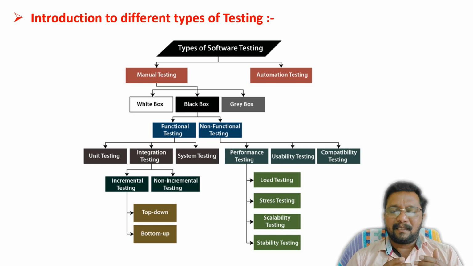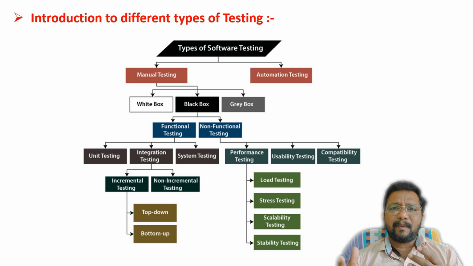Compatibility testing in the sense, if one software is developed that will be apt for Windows, that means what? Multi operating systems, whether it supports multiple operating systems like Windows, Mac, Linux, Unix.